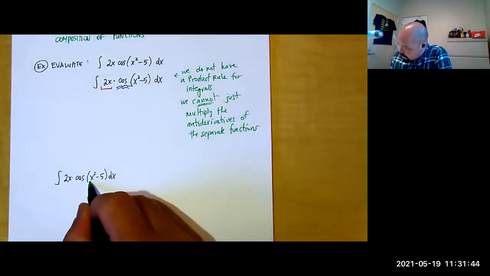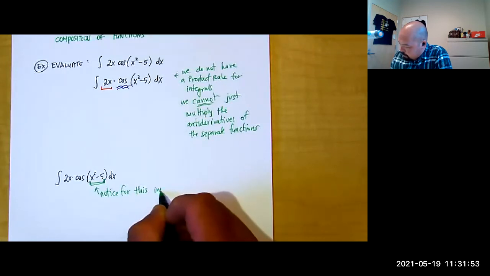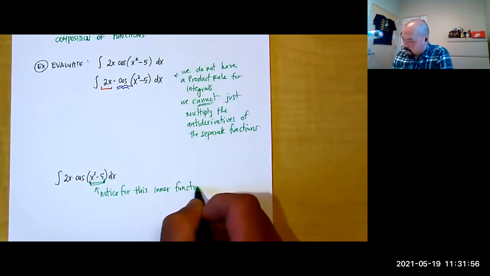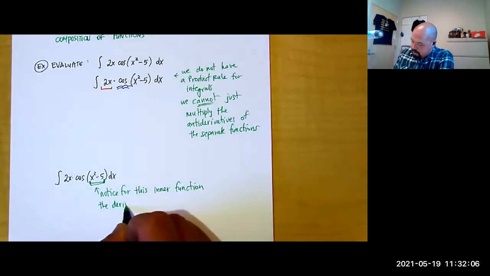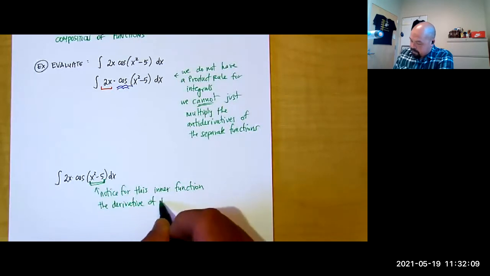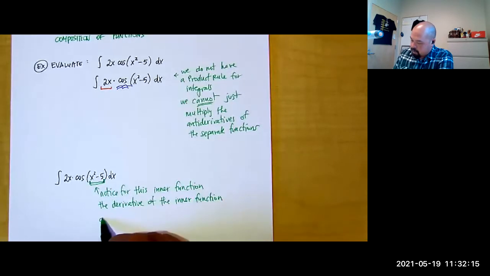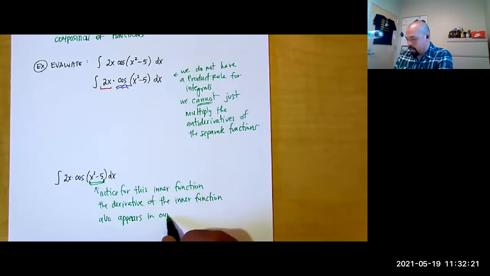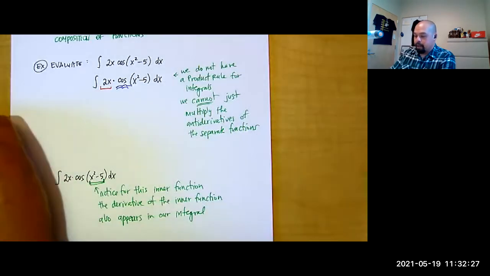Notice that for this inner function, x squared minus 5 inside of the cosine, the derivative of that inner function also shows up in our integrand.